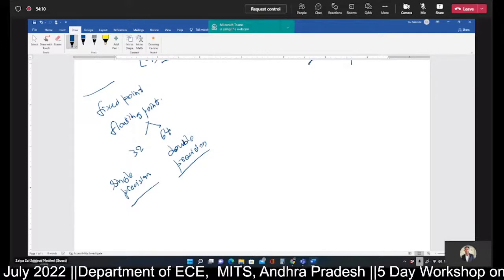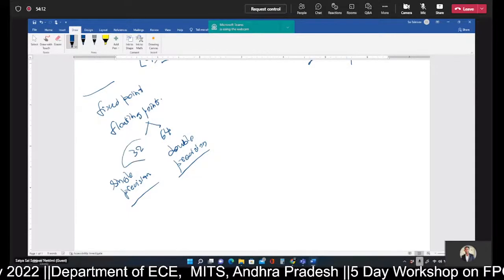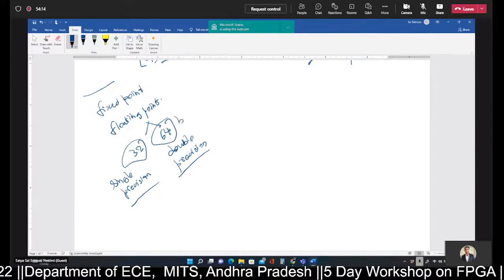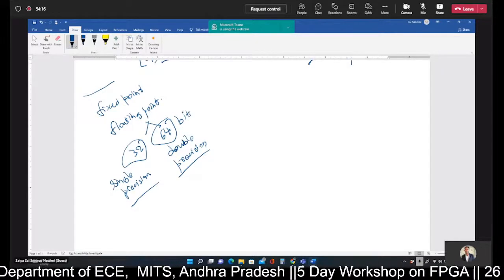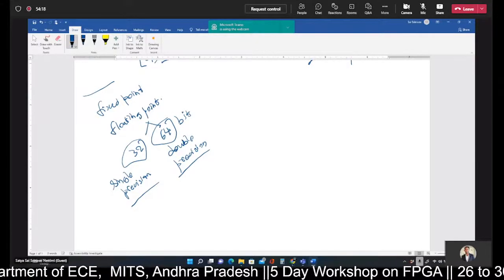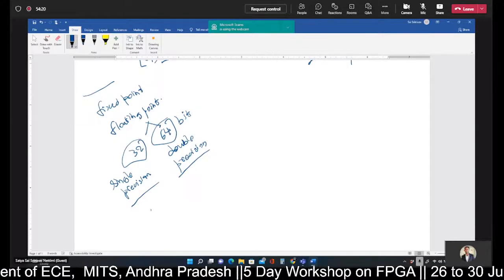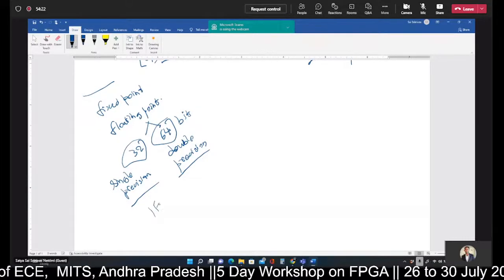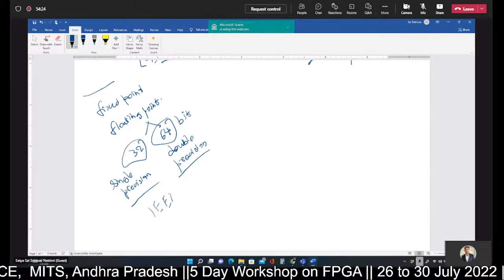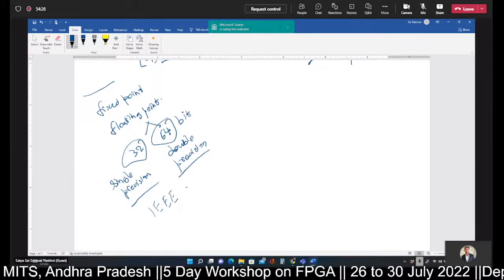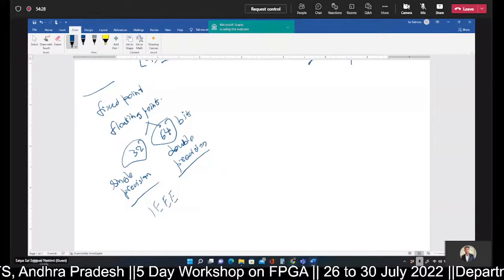So this floating point is either 32-bit or 64-bit in length, as per the convention, single precision or double precision. This follows the IEEE standard.